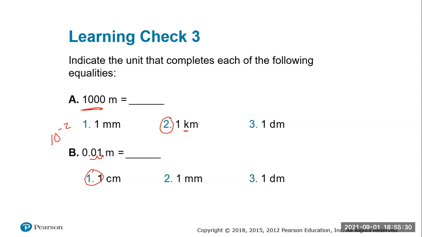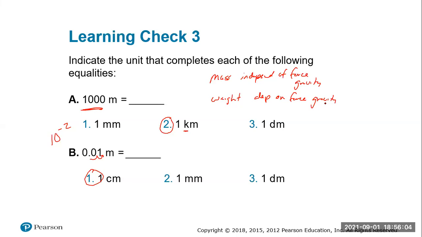So there is a difference between mass and weight. Mass is independent of the force of gravity, while weight is dependent on the force of gravity. For example, if you weigh yourself here or on the moon, you would weigh differently because the force of gravity is different.